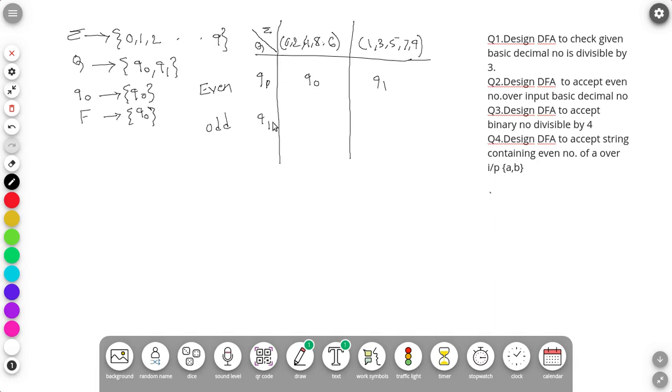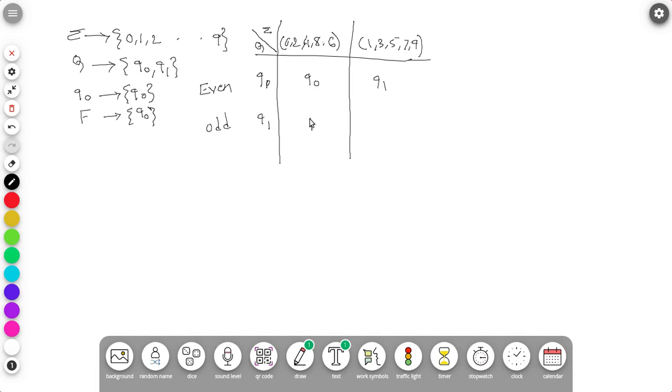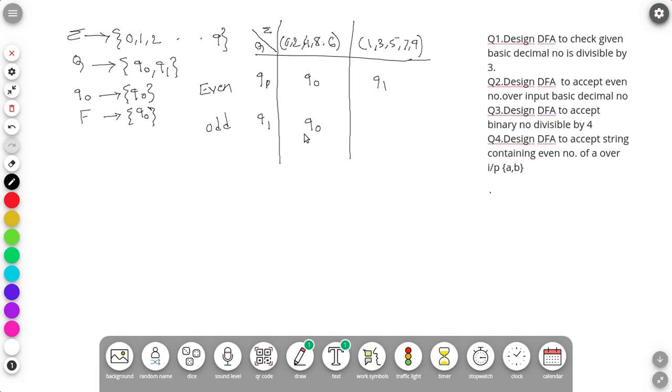Next, Q1 with 0, 2, 4, 8 and 6. As I provide this input to Q1, 1 attached to 0 gives 10. 10 divided by 2 gives remainder 0. So for remainder 0 I have state Q0.